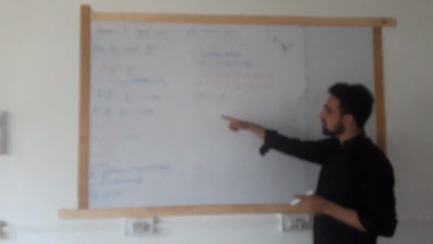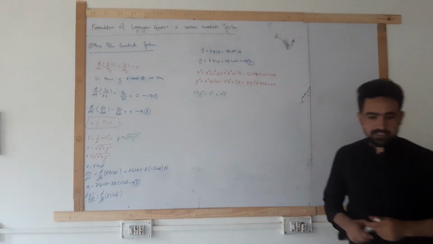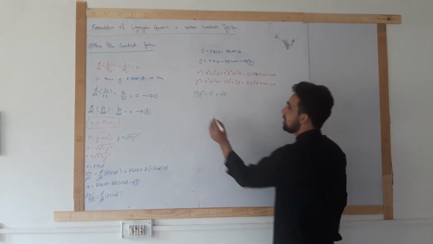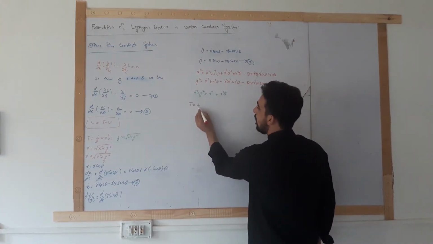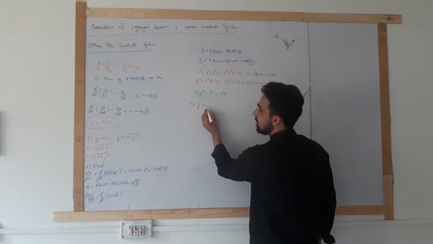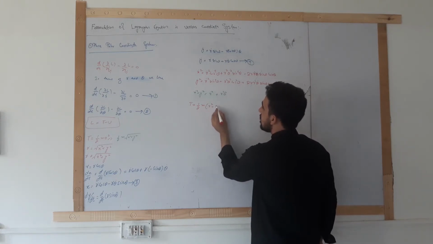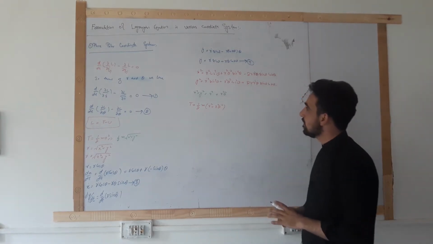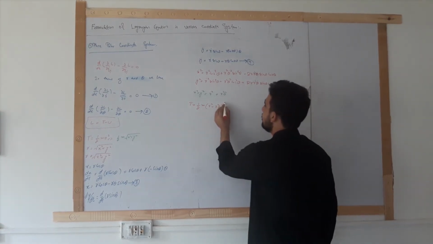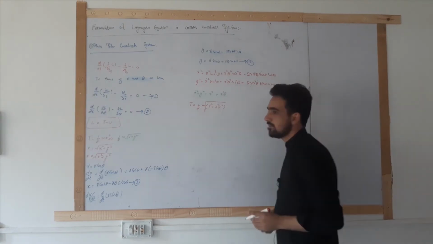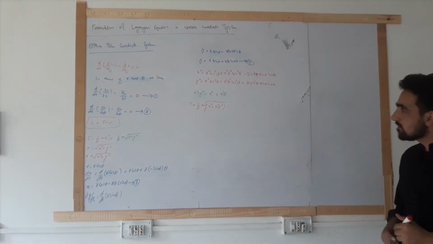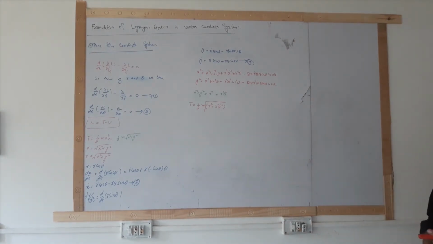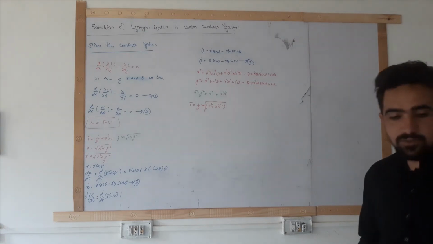We can use this value in the kinetic energy, and we will get kinetic energy T is equal to half m times r dot squared plus r squared theta dot squared, and whole under the radical. So this is the value of kinetic energy that we needed to find.